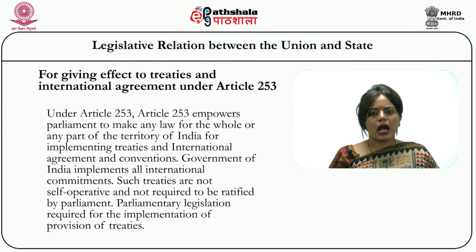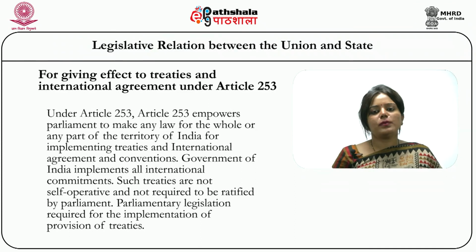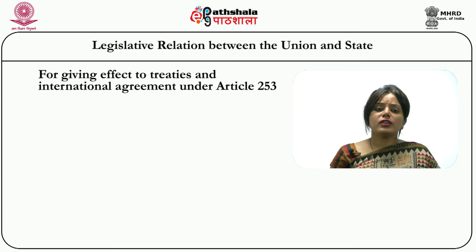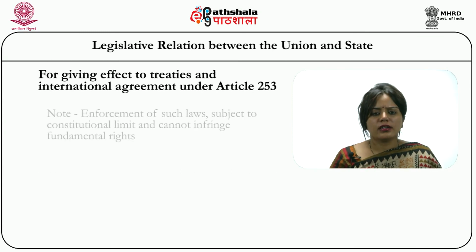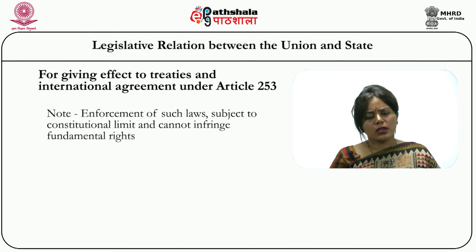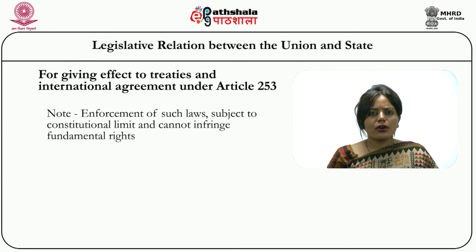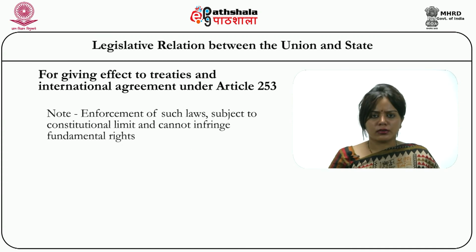Such treaties are not self-operative and are not required to be ratified by Parliament. Parliamentary legislation is required for the implementation of the provisions of treaties. My dear student, I would like to note one important point: enforcement of such laws is subject to constitutional limits and cannot infringe the fundamental rights.